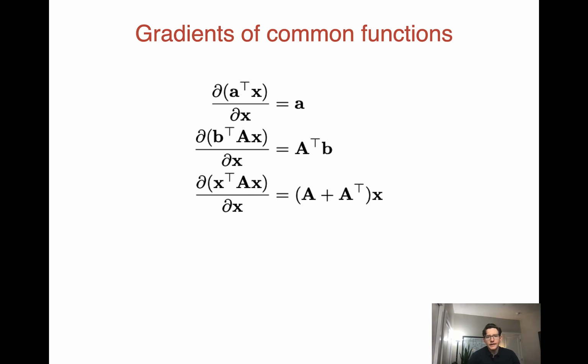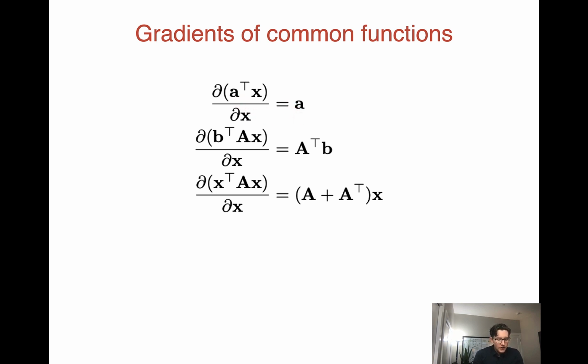Let's look at gradients of some common functions that we're going to encounter a lot in this course. We're just going to look at super simple ones here. If we have a constant vector times x, and we want the gradient with respect to x, well, it's really simple. It's just that constant vector a.